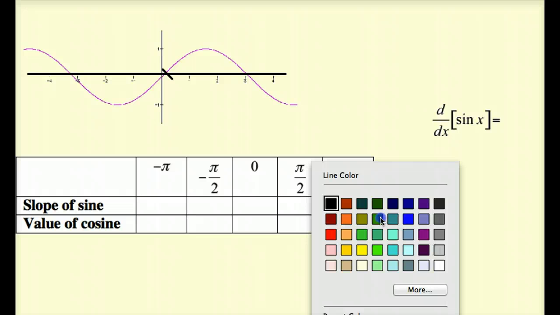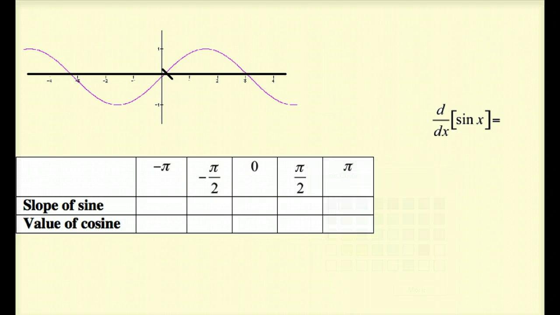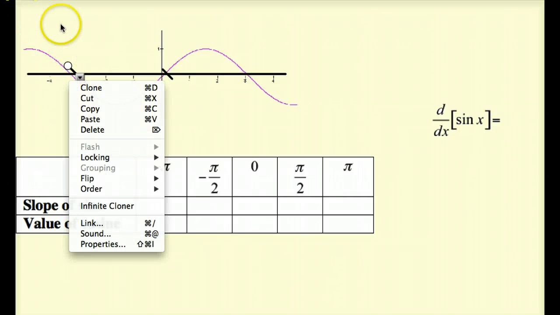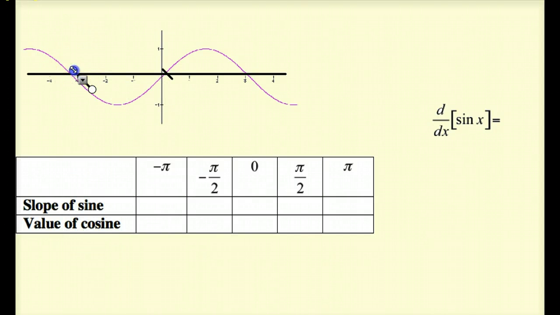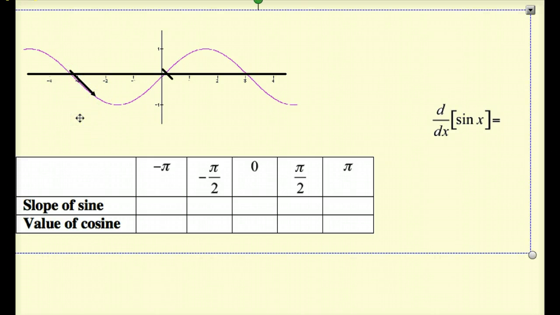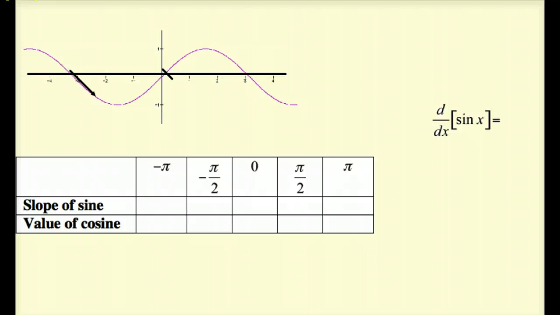So let me just change the color of my line here, so that it's easier to see. But let's take a look at the slope at negative pi. So negative pi is around here. If I were to draw the slope of a tangent line right here, this actually looks like it could be a one-to-one slope.